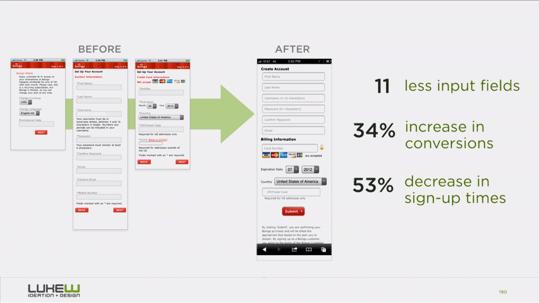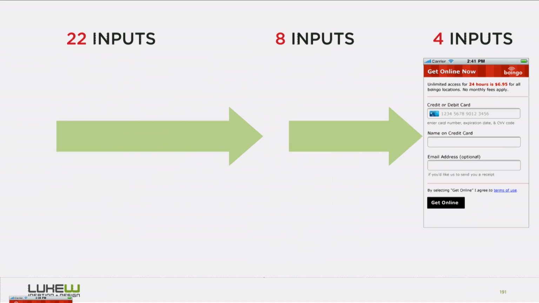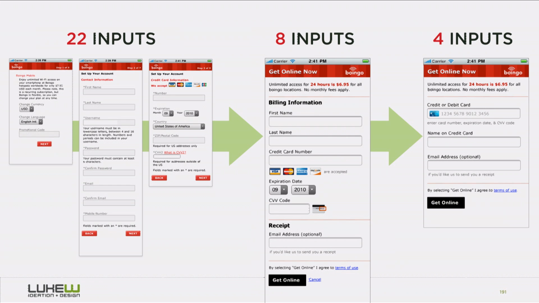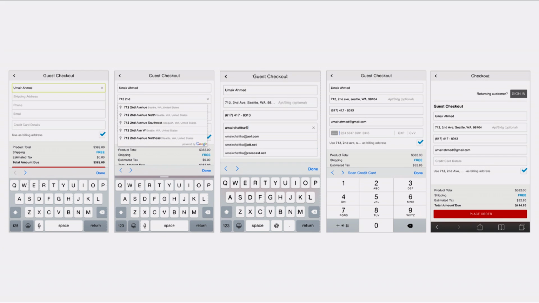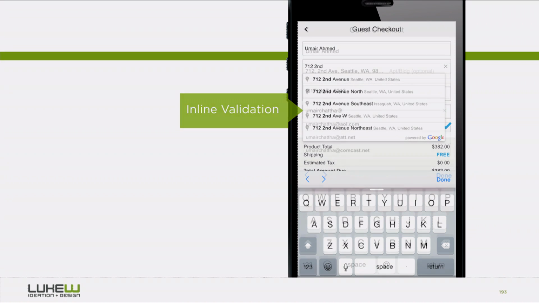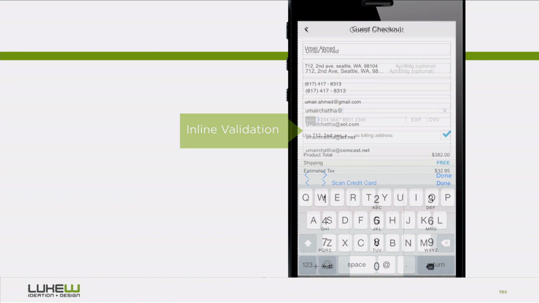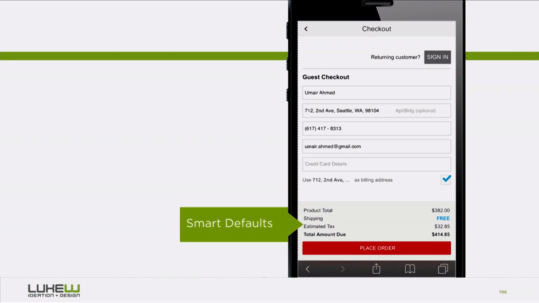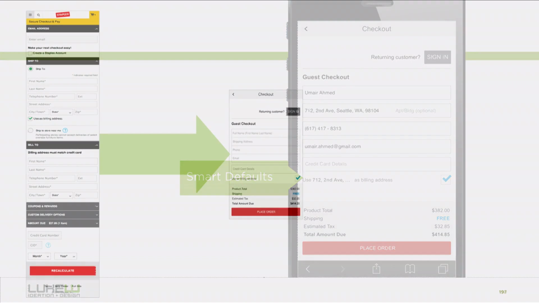So there's a lot of optimizations that can happen, and one of the key things that helped some of these optimizations is the support of one-click payment services, right? And by the way, I can get this down to 4 inputs, so yay me. Here's some other things, like inline address setup, simpler credit card setup. So you can see inline validation for credit card addresses, inline validation for emails, input masks for credit card inputs, all those things together, smart defaults.